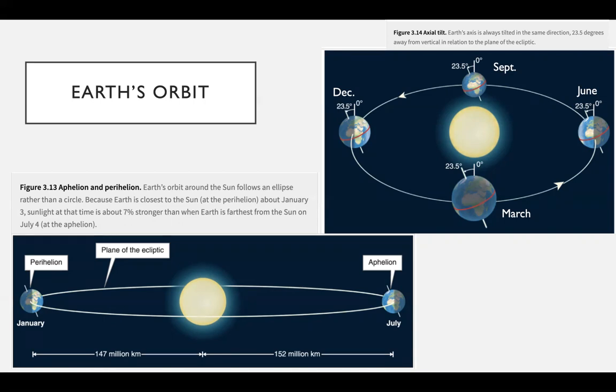As you can see, in September and March, this axial tilt doesn't really affect the Earth, so that's when we have the equinoxes. In December and June, the tilt is at its extreme. In December, the northern hemisphere is pointed away from the sun, and that's when the winter solstice occurs. The opposite is in June, when the North Pole is pointed closer to the sun, getting more sunlight, and that is when the summer solstice occurs in the northern hemisphere.